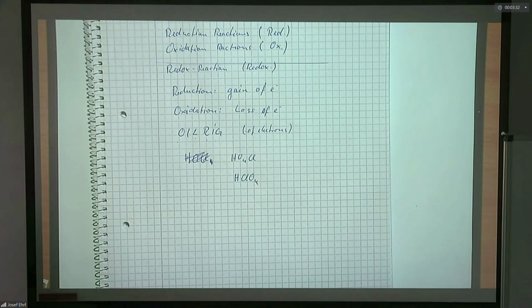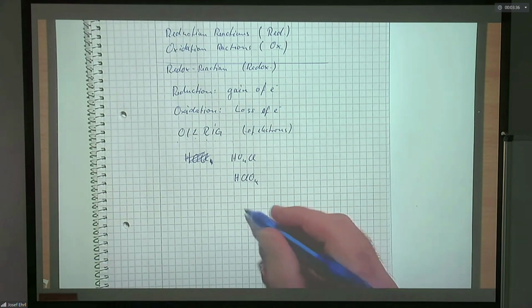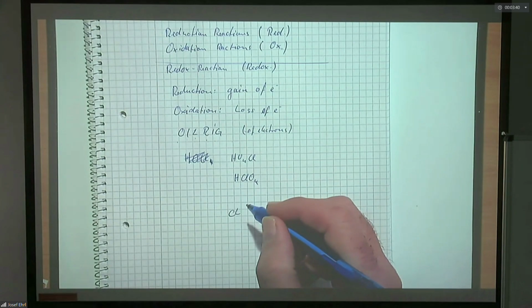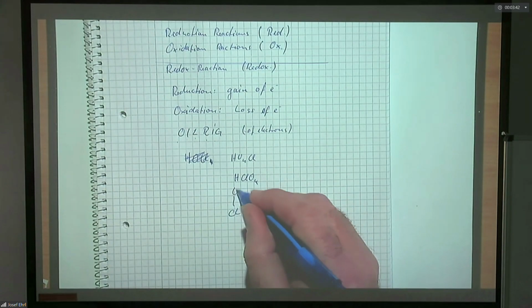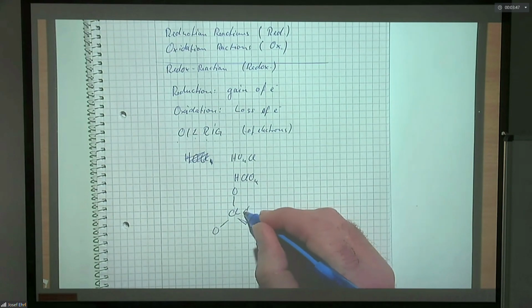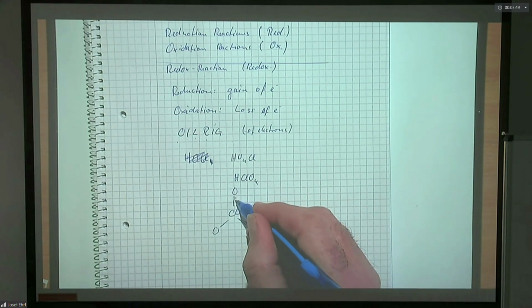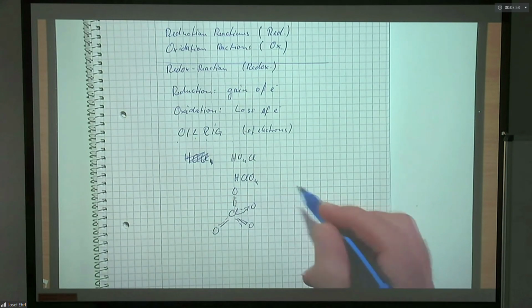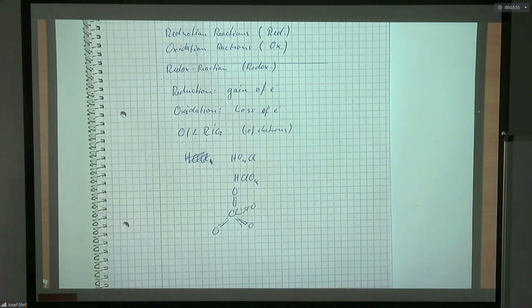It's about the structure. We have again a tetrahedral structure, but now the electrons are mesomerically distributed around the oxygen atoms.